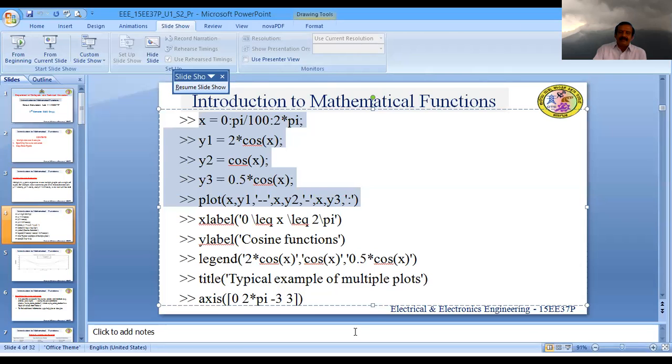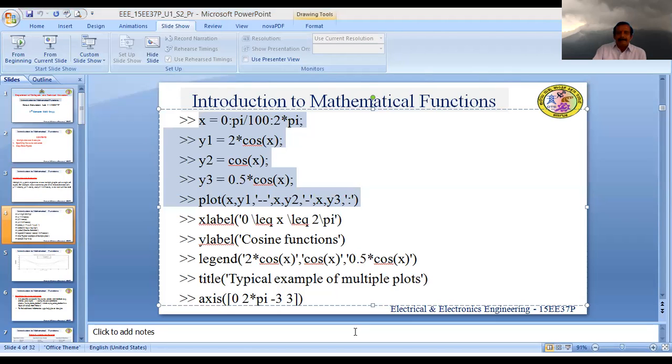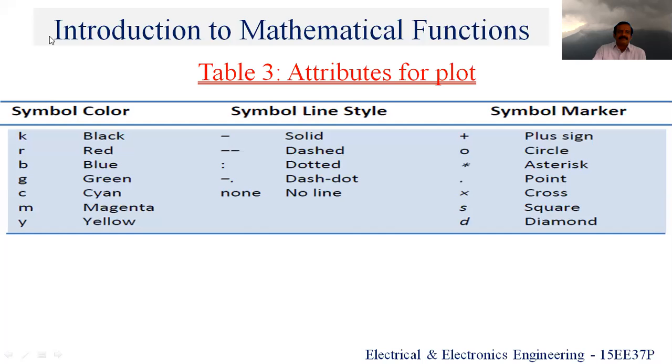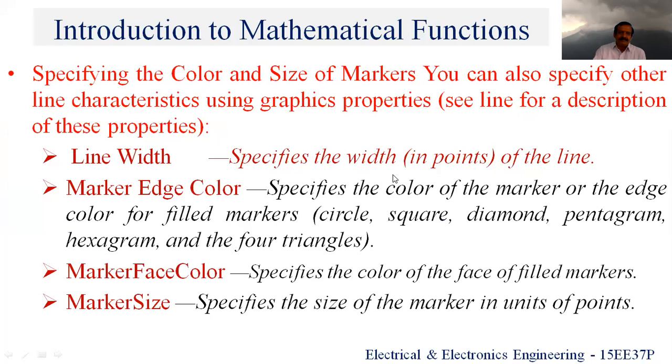So this is the part where we can have different types or multiple graphs drawn in the particular window. Now, specifying the color and size of the markers, you can also specify the line characteristics using graphics properties.